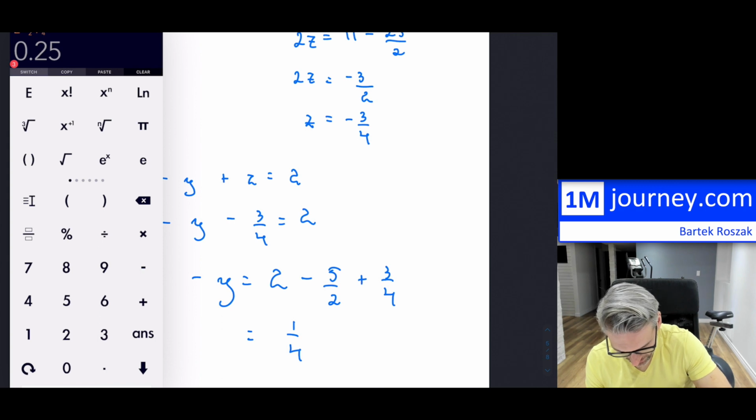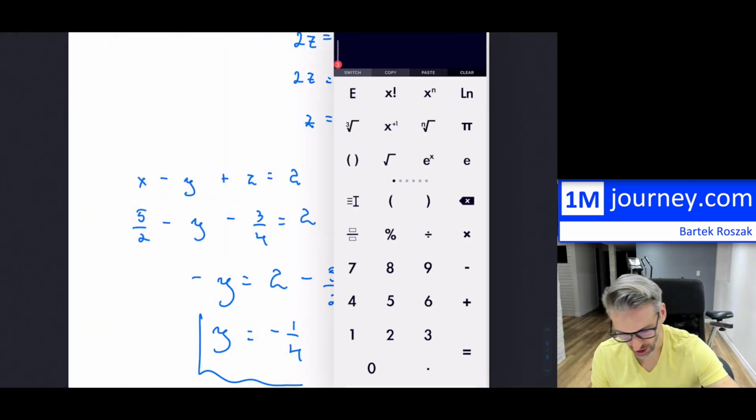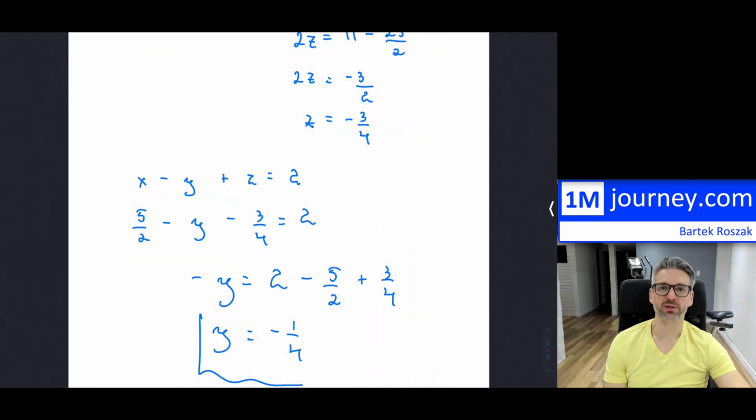And I guess it's negative a quarter. All right, so there you go. So now you have found the point of intersection between those three planes. So that's the actual point of intersection, okay? That's what you would have had.